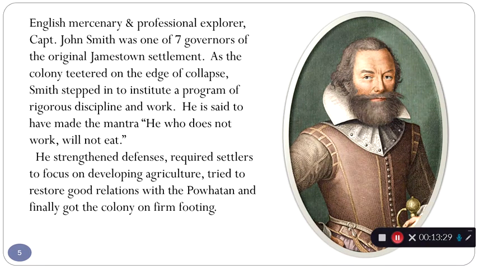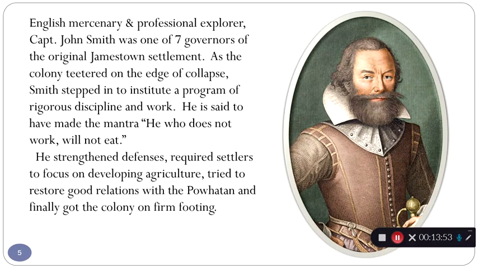And by 1608, 1609, he decides that he is going to step up and take charge of the Jamestown settlement, right? And he institutes a very rigorous policy that essentially boils down to, if you don't work, you don't eat.